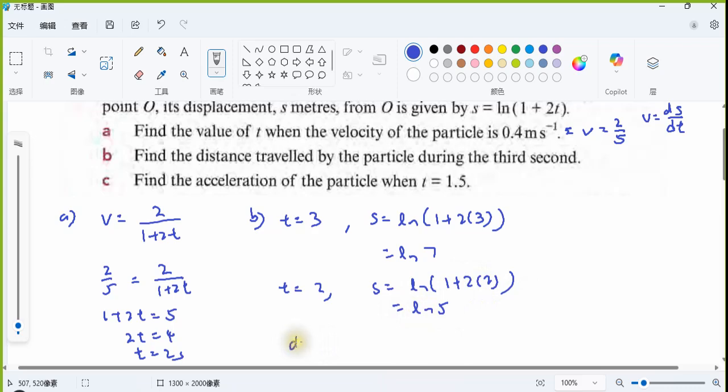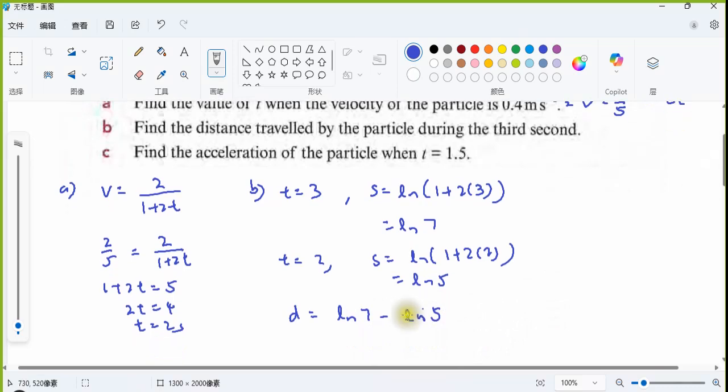So the distance traveled will be ln 7 minus ln 5. Then we can rewrite it as ln 7 over 5, because we know that ln A minus ln B is ln A over B. The unit is meter. Just now the other one was second.